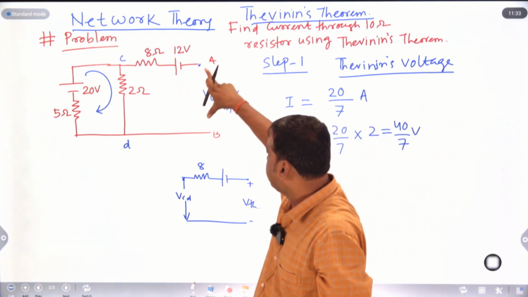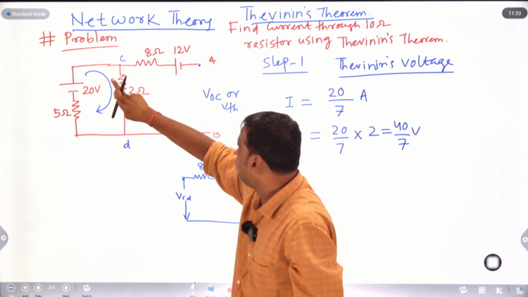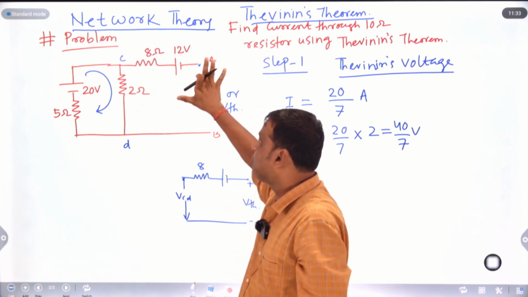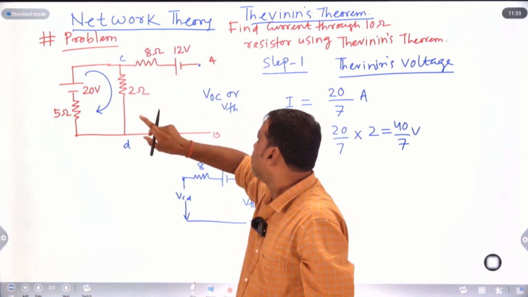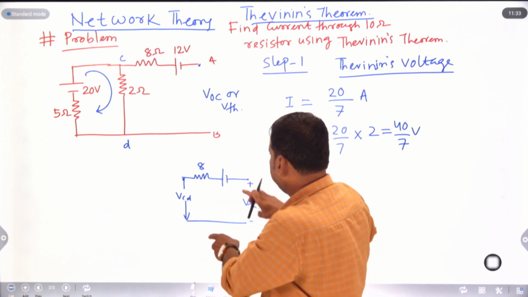Previously, when I disconnected that resistor, there was no current flow through this branch. There is no voltage drop across the 8 ohm resistor, because there is no current flow through it. So only we will consider the 12 volt source. So VTH value is how much?